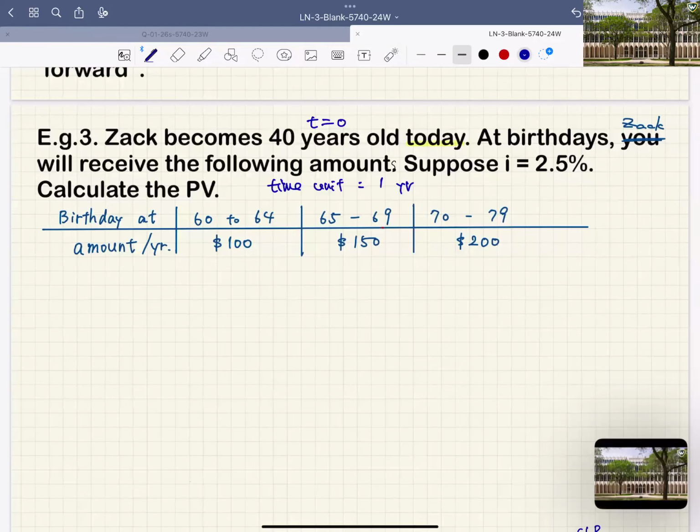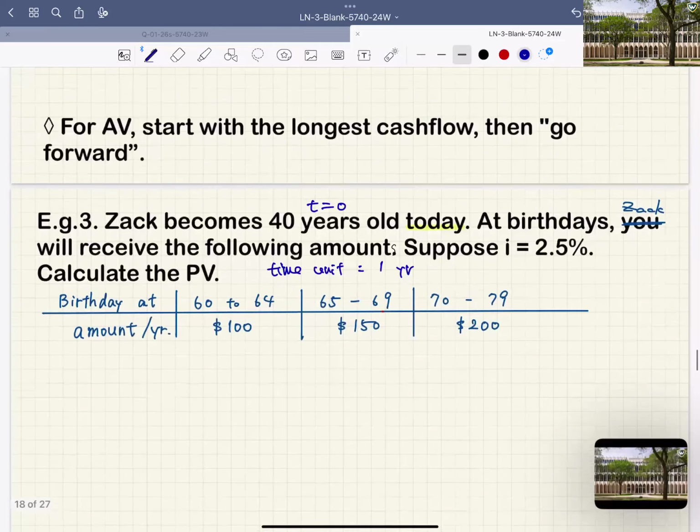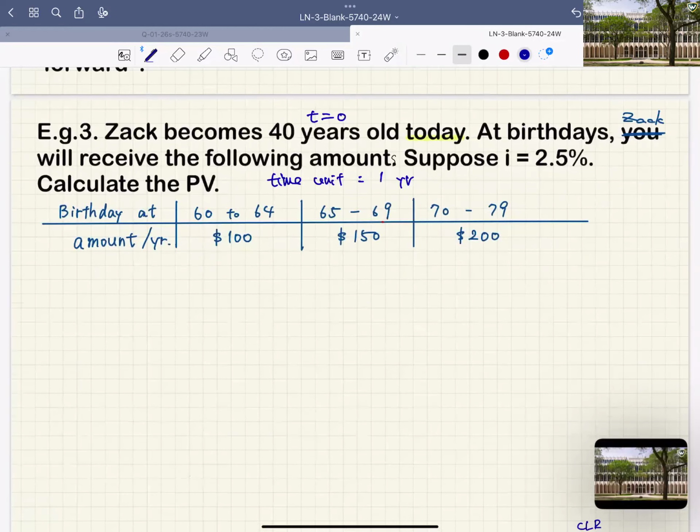And we want to make the cash flow. So we have the block payments. We want to get this cash flow as t equal to 0 to 79, which is 39 years from now. So this means t equal to 39.